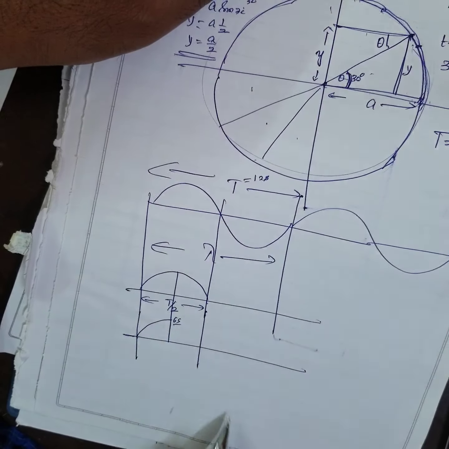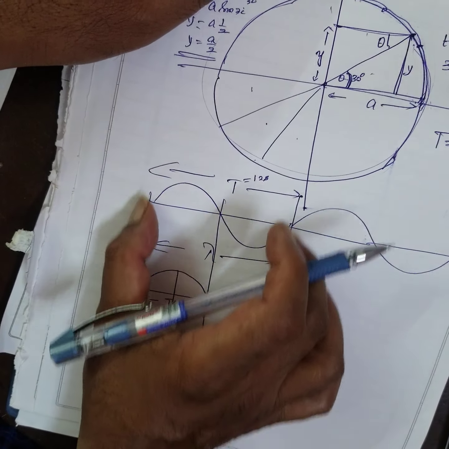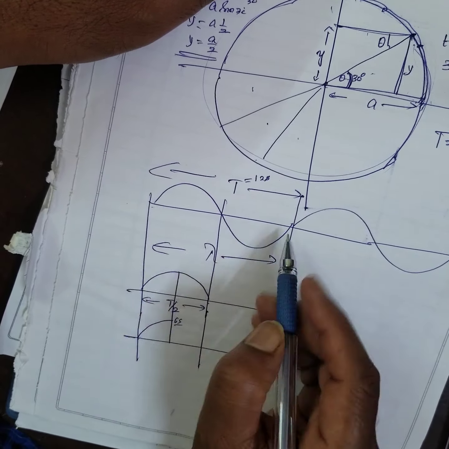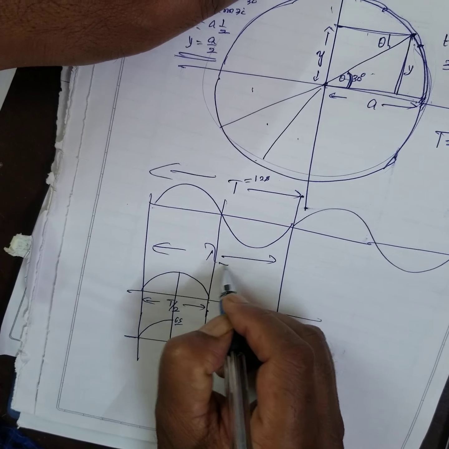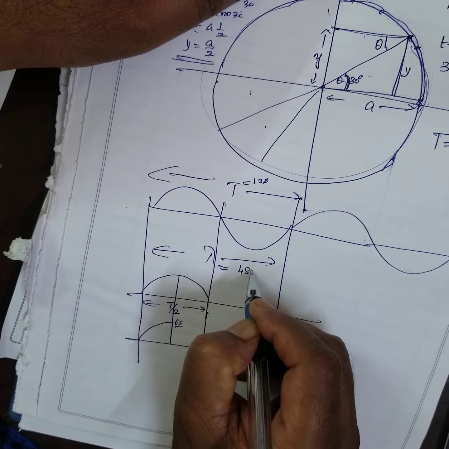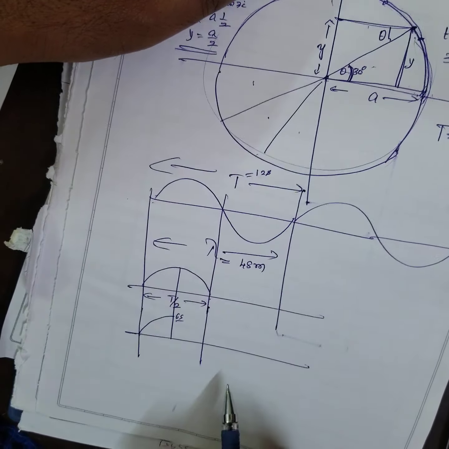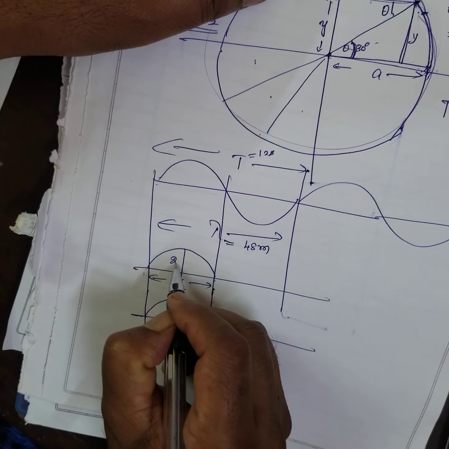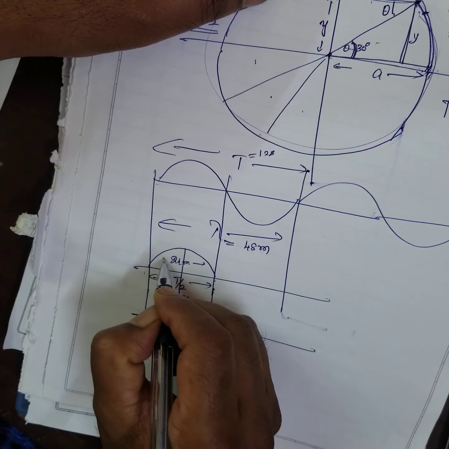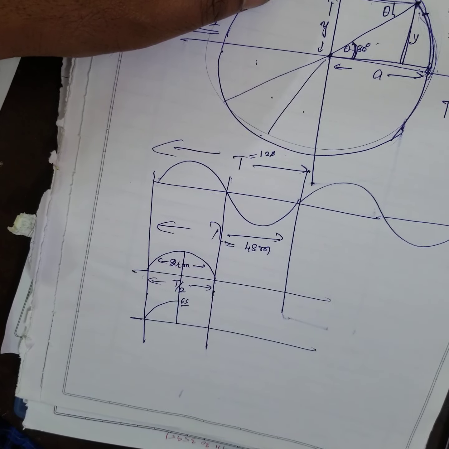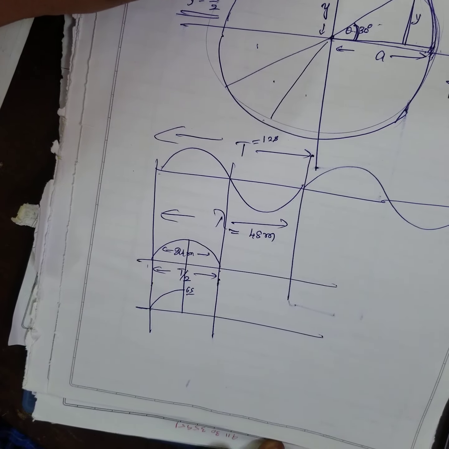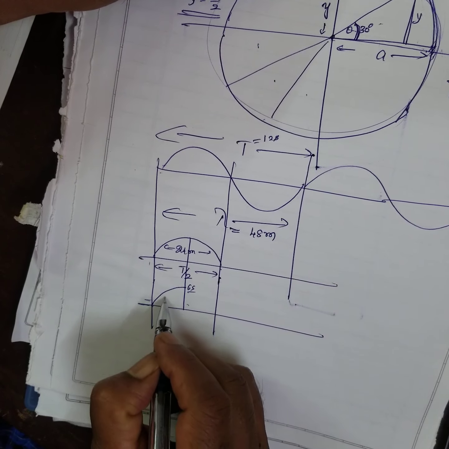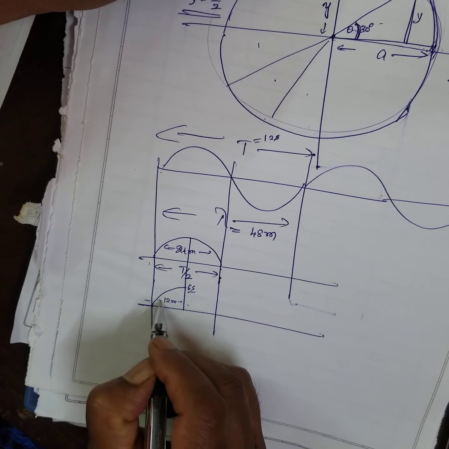From here to here, suppose this length is 48 meters. Then this is 24 meters. Can you follow? Understood? Now from here to here, 12 meters.